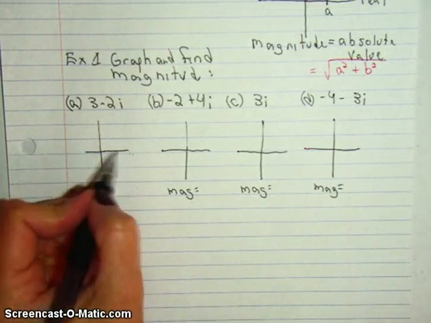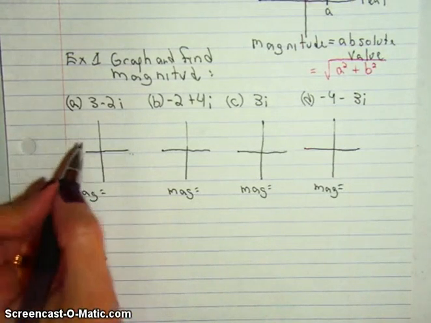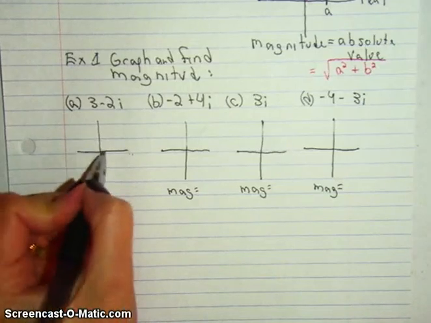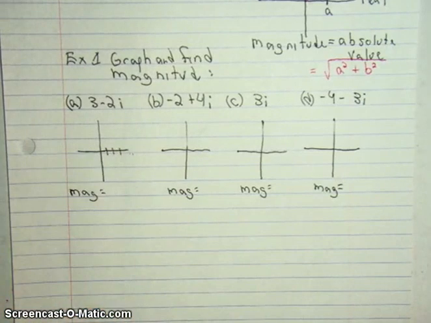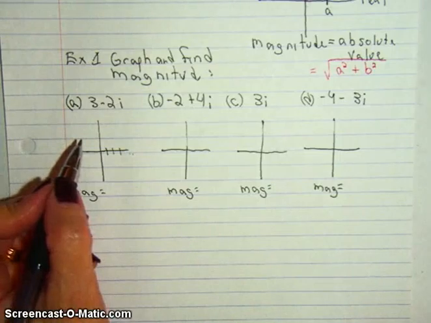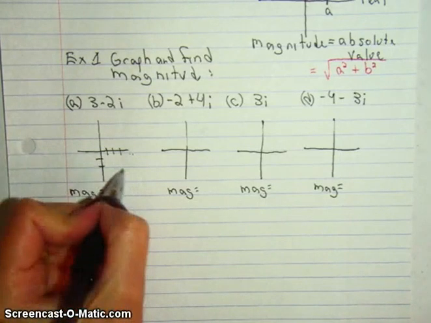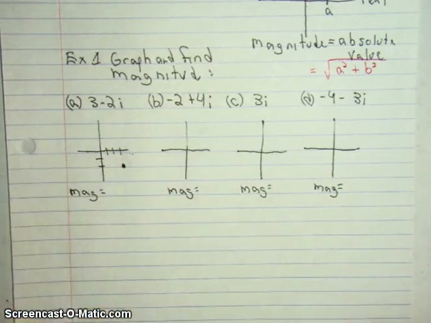How many ticks on the real axis do I have to go over? 3. Left or right? Right. Good. And Haley, on the imaginary axis, where do you want me to go? Down 2. So there is the point 3 minus 2i. We'll talk about magnitude in a second.